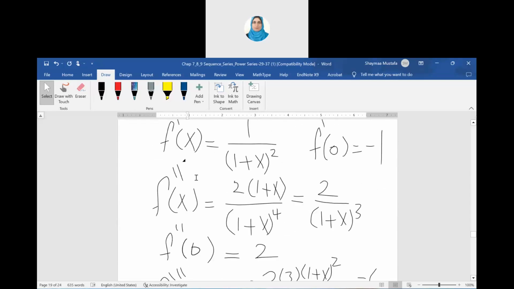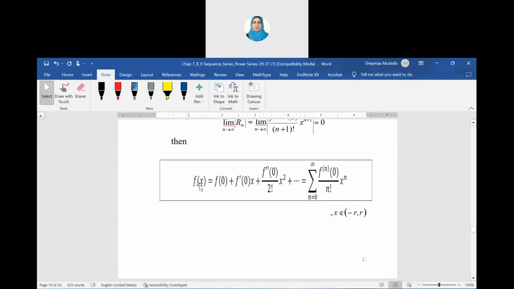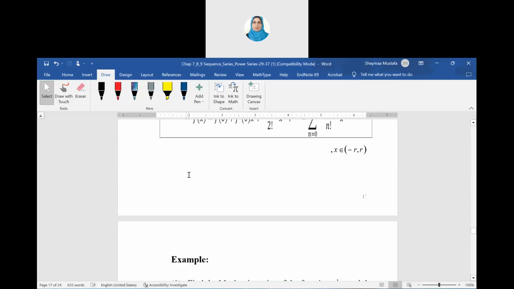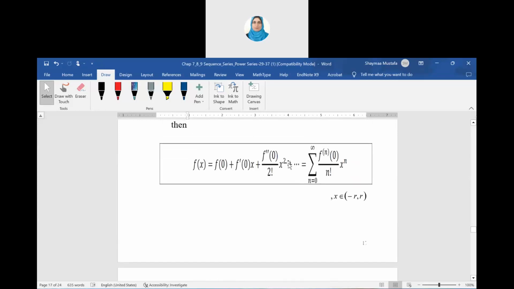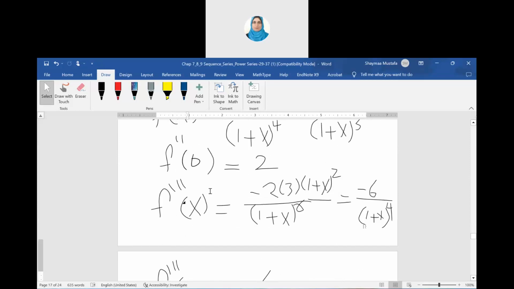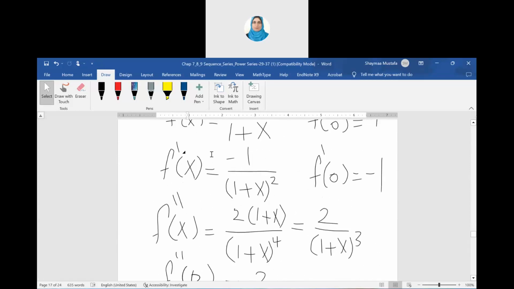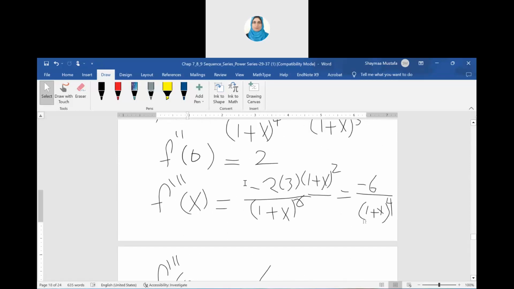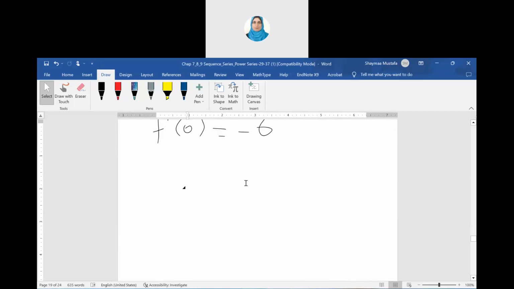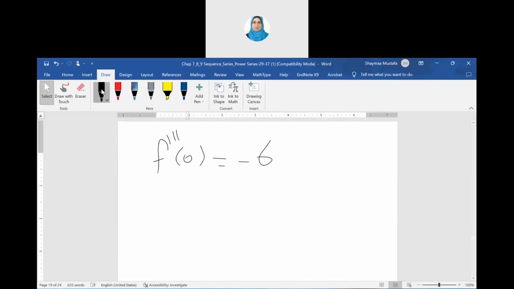Now we need to write the Maclaurin series. According to this theory, f of x here is 1 over 1 plus x. So f of x, which is 1 over 1 plus x, is equal to f0.